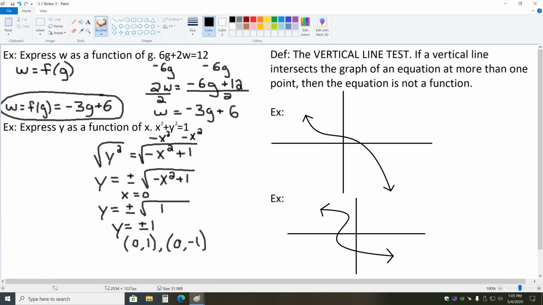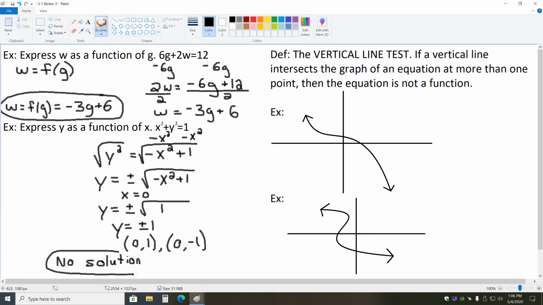We just repeated 0 with different y values. So y is not a function of x. It cannot be written as a function of x. So we would just write no solution, because there is no such function that exists here.